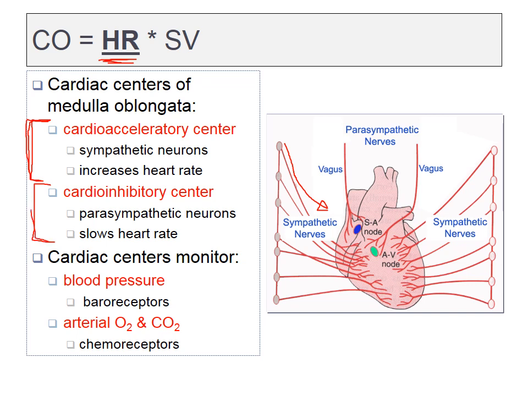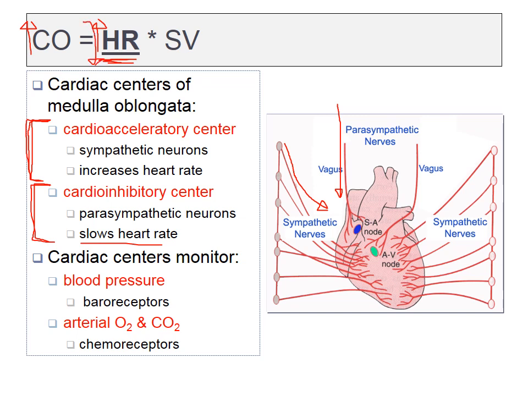Whereas parasympathetic fibers, also from the medulla oblongata, but from another region called the cardioinhibitory center, these fibers, which are part of the vagus nerve, can hyperpolarize the SA node, slowing heart rate. And if we increase this number here, that would increase cardiac output.